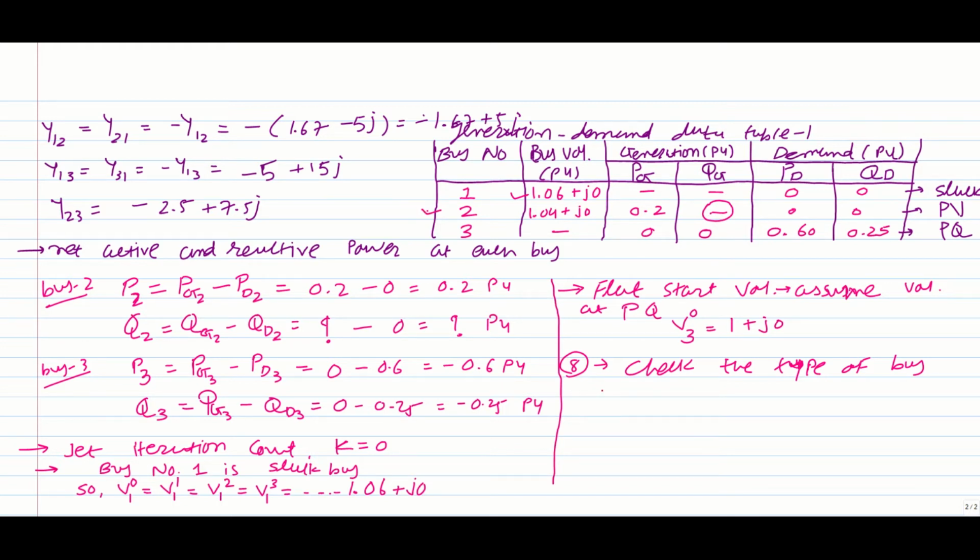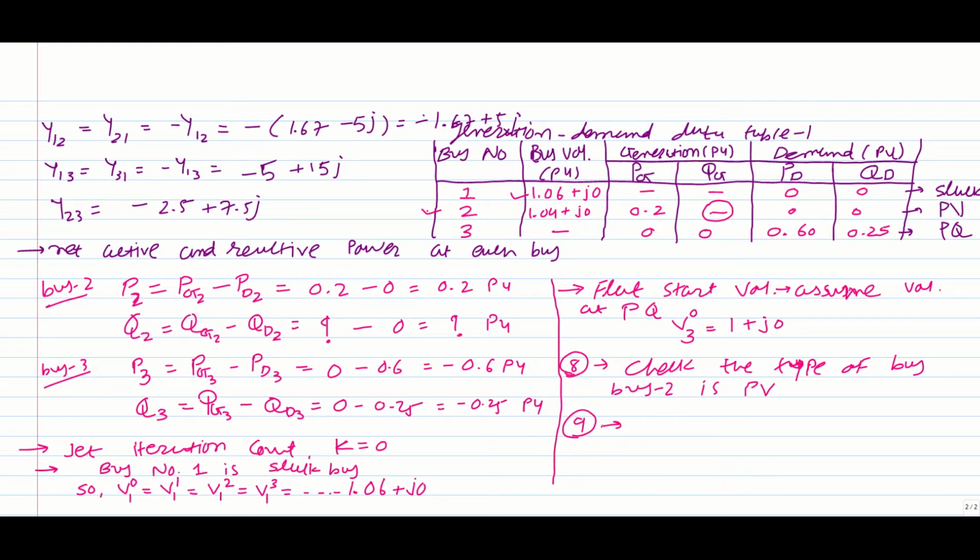Bus number 2 is a PV bus. And if it is a PV bus, then we need to move towards the next step, step number 9. If it is a PQ bus, then we will directly jump to step number 10.